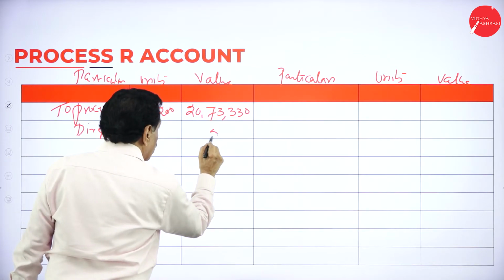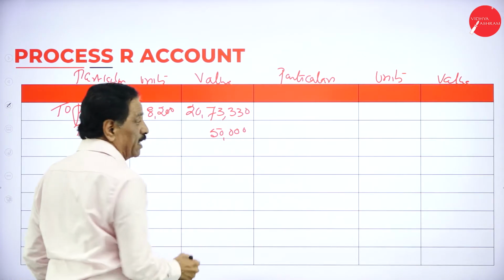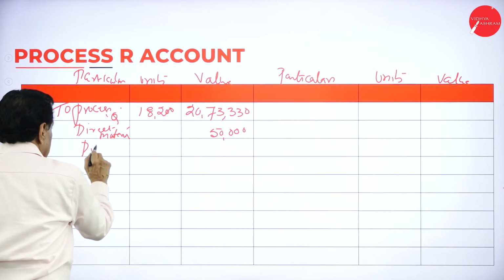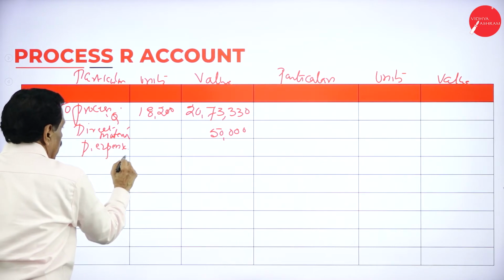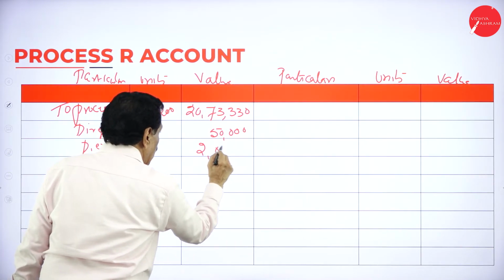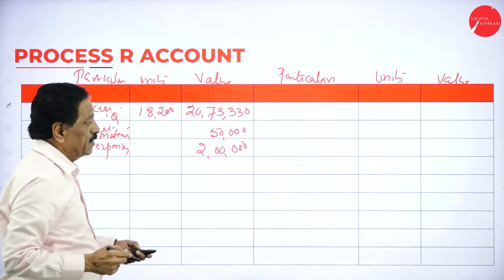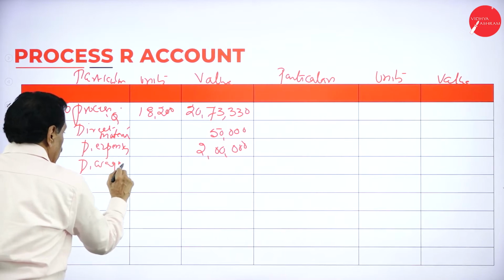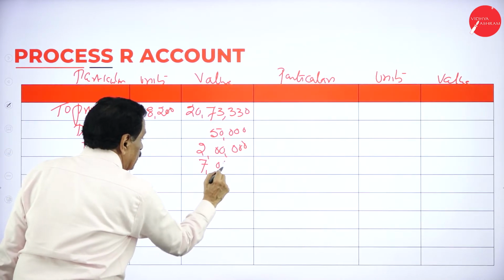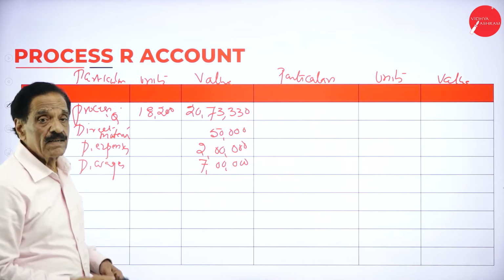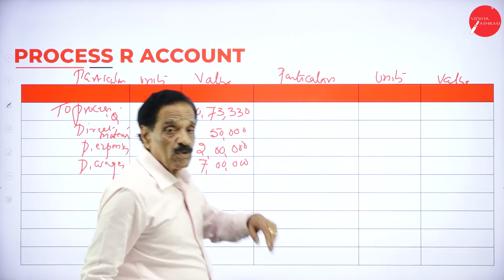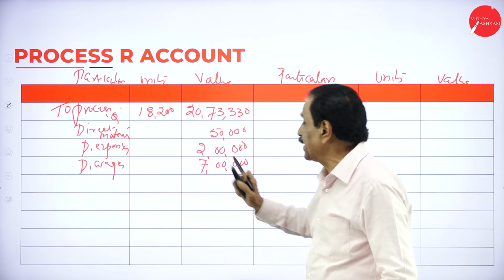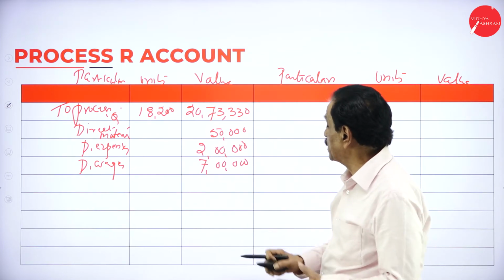Direct wages 7 lakh. See that? First one, your output here is 20,73,330, direct material 50,000, direct expense is 2 lakh, direct wages is 7 lakh.